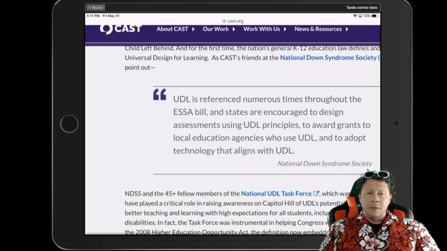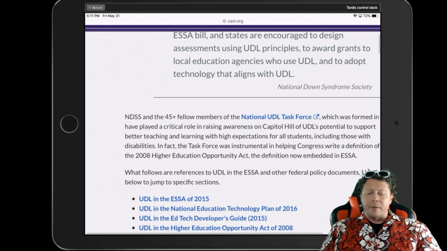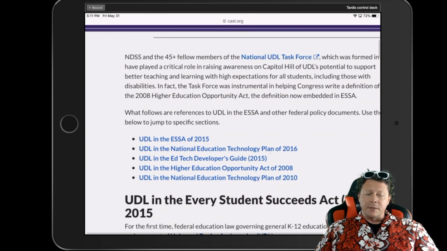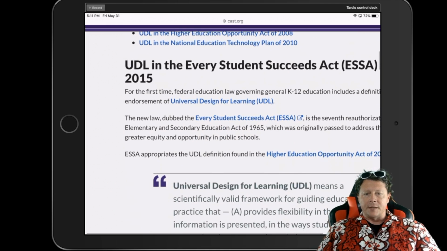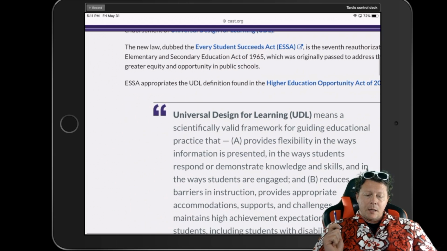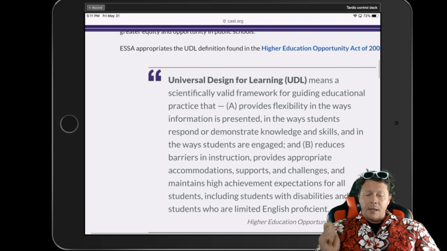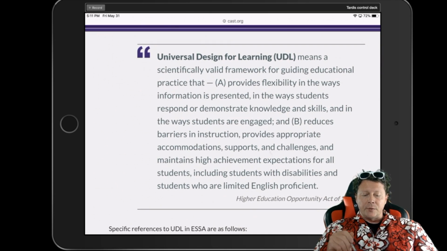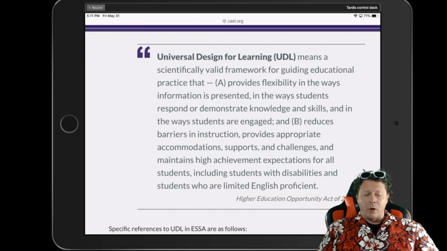UDL means a scientifically valid framework for guiding educational practice that A, provides flexibility in the ways information is presented, in the ways students respond or demonstrate knowledge and skills, and in the ways students are engaged. And B, reduces barriers in instruction, provides appropriate accommodations, supports, and challenges, and maintains high achievement expectations for all students, including students with disabilities and students who are limited English proficient.